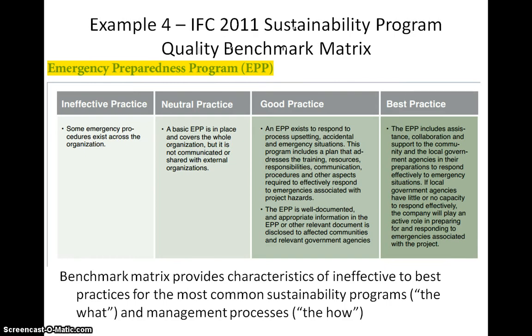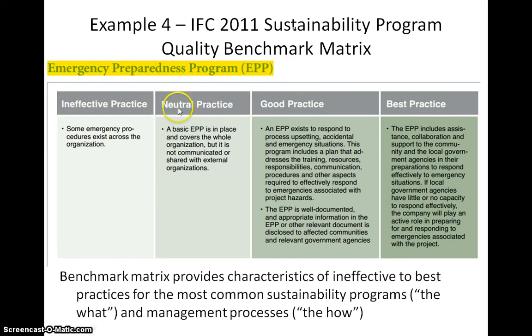The last one I have is from the International Finance Corporation, where for their products in a high impact industry like mining, they have one matrix you can refer to called the Sustainability Program Quality Benchmark Matrix, where for each of the objectives, for example, the Emergency Preparedness Program, they have four levels of performance.